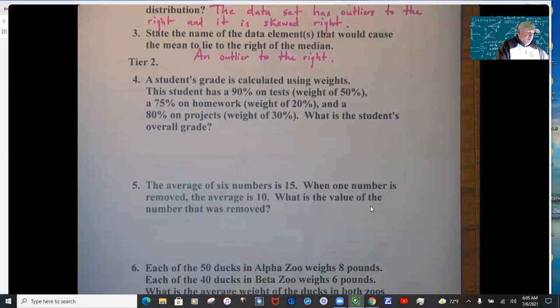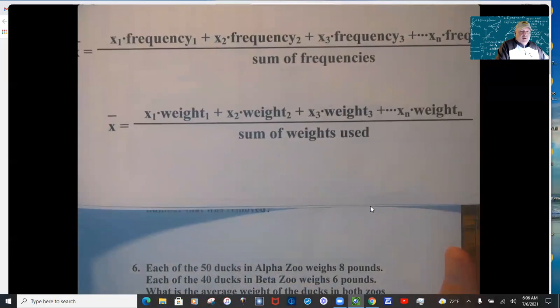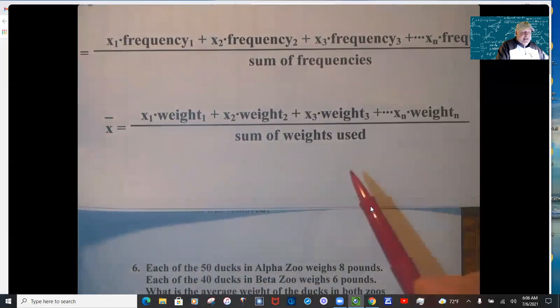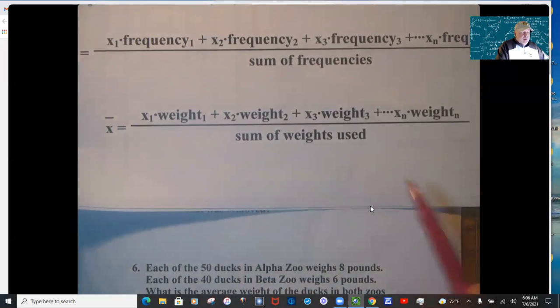Okay, problem 4. What is the student's overall grade? It's important that you know this. This is based on the sum of the weights used, so you're going to divide by the sum of the weights used. Typically, within a particular grading trimester or semester, not all the weights are used.